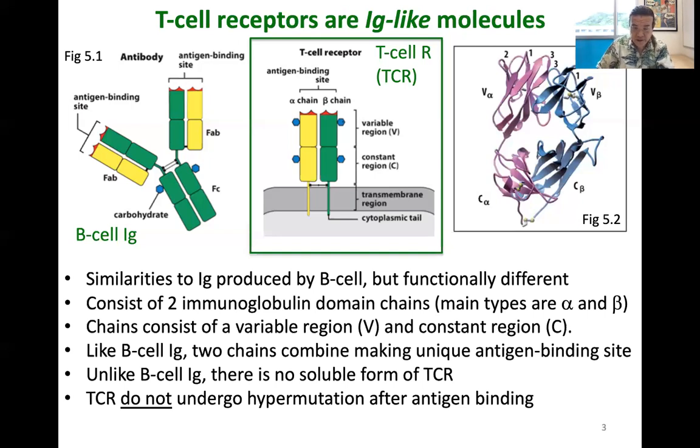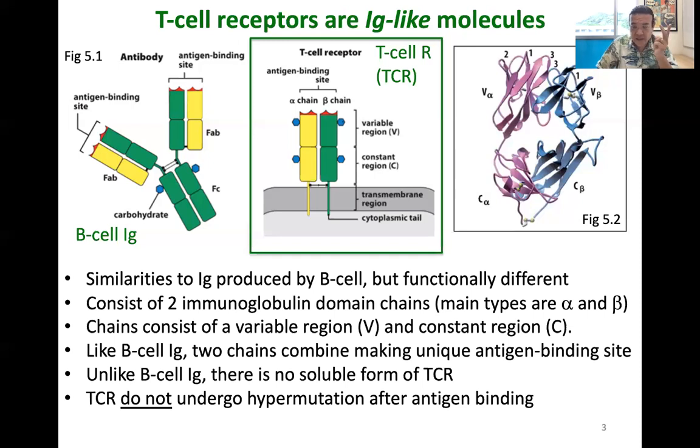The other distinction is, number one, I said that there is no soluble free-floating form of T cell receptor. That's very important because that's very different than antibodies that are made by B cells.